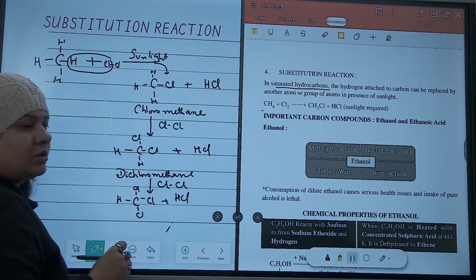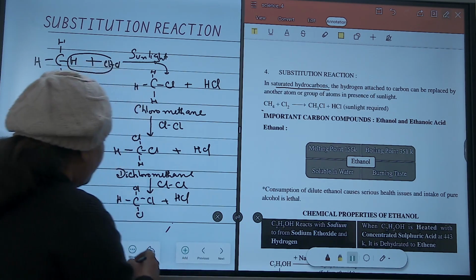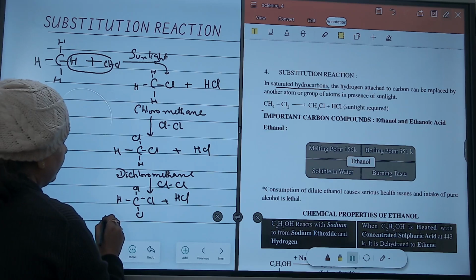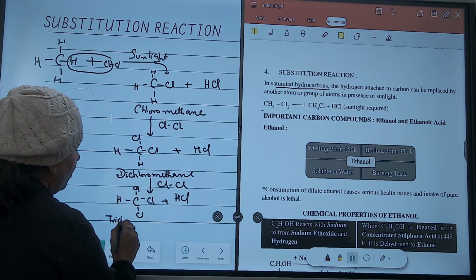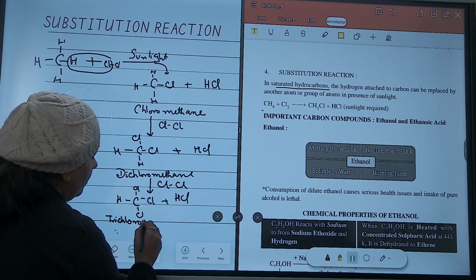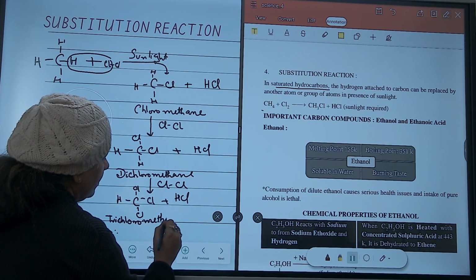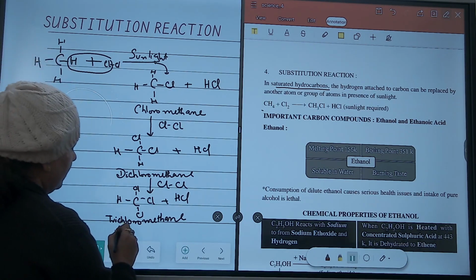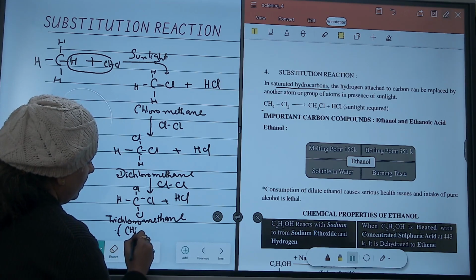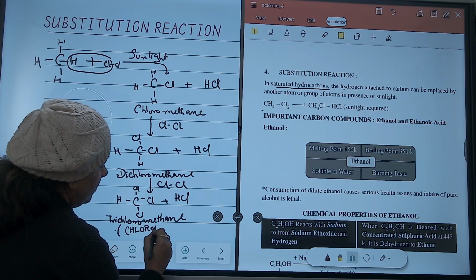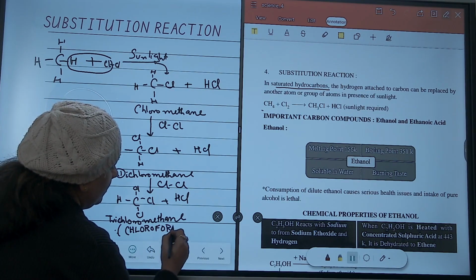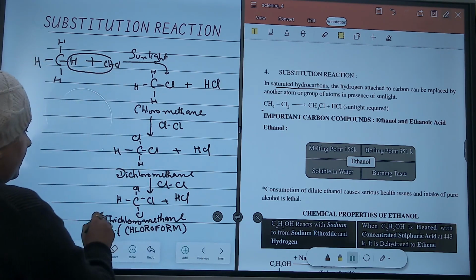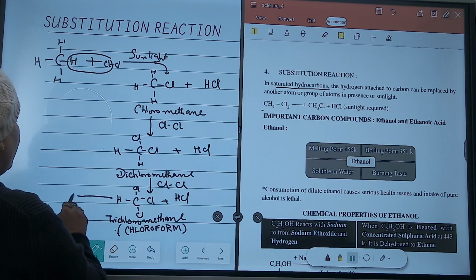This compound, trichloromethane, is also commonly called chloroform, which is used as anesthesia. Again the reaction can continue.